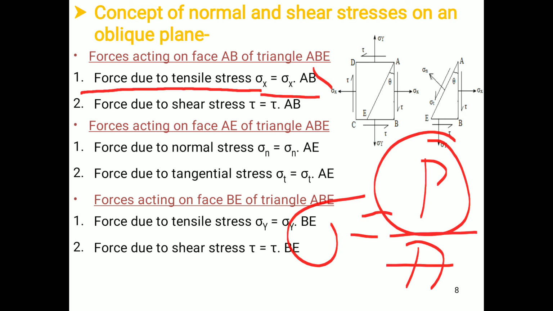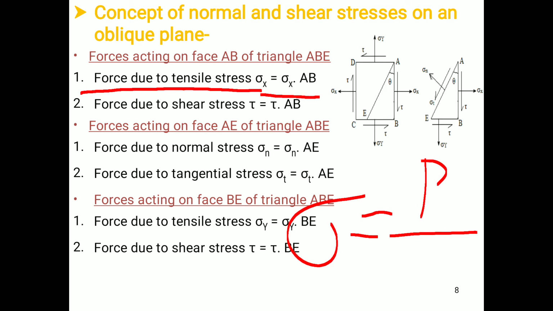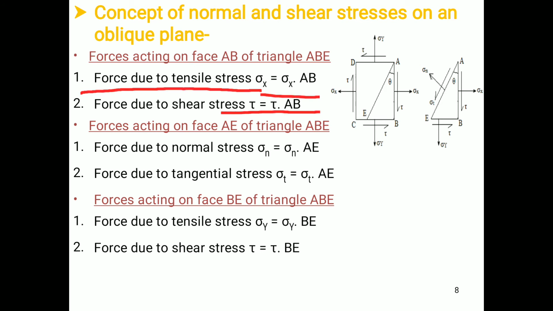Therefore we have not multiplied here by 1 because it is unit thickness. Therefore the force due to the tensile stress sigma x is equal to sigma x into AB. In the same manner, the force due to the shear stress tau is given by tau into AB. Again the thickness is unit.